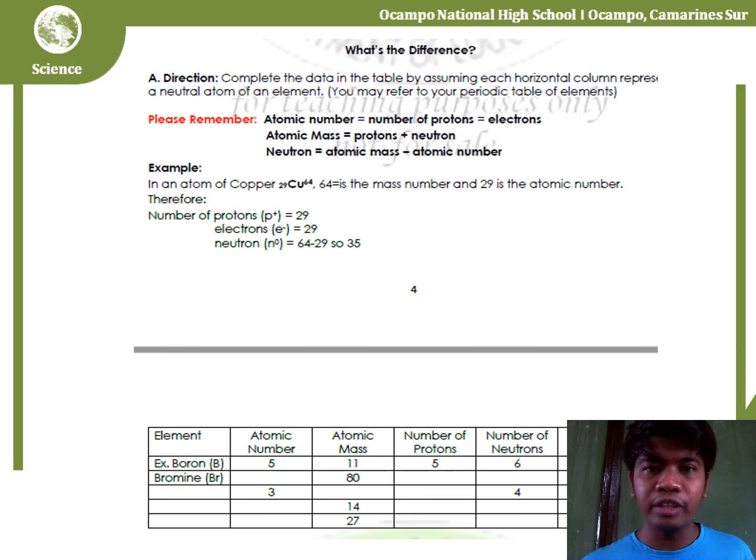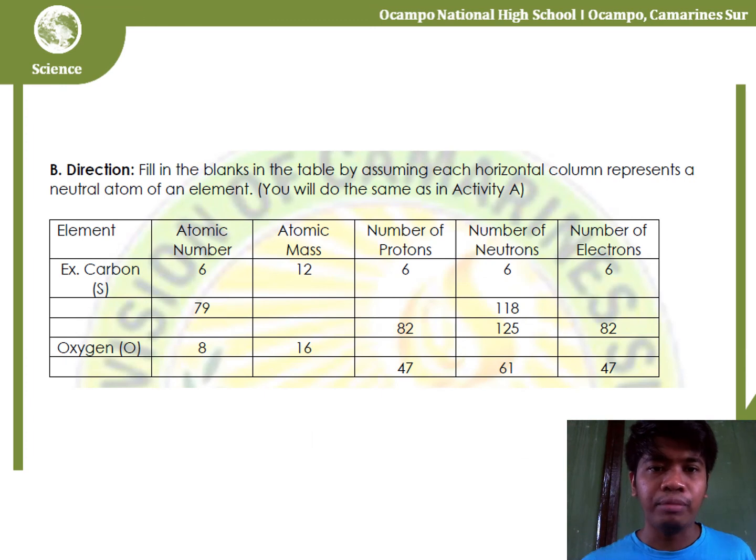Okay, para sa week number 6 naman, kagaya ng ginawa nating activity, meron kayong given element, you will identify the atomic number, the atomic mass, the number of neutron, and the number of proton, as well as the number of electron. And for activity letter B, ganun din. Okay, similar to our activity.